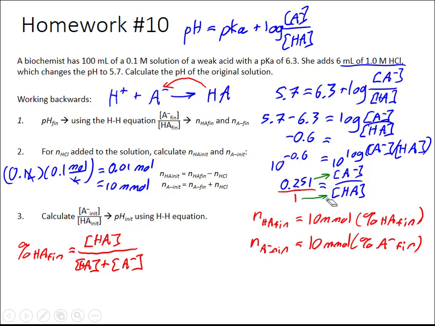And so I can use these as equivalencies and plug them in over here, like so. 1 over 0.251 plus 1 equals 0.80.